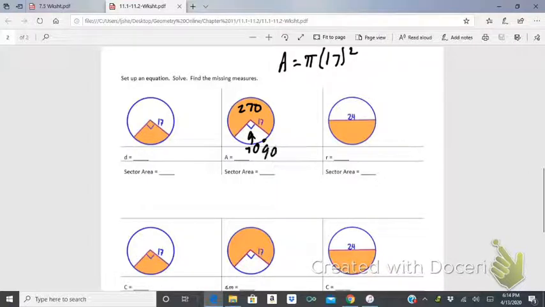So my area is 907.9, and now I'm going to go through the process for my sector area. 270 over 360 equals x over 907.9. Now I've got all of my information, and I'm hoping at this point you guys know how to cross multiply. So you just cross multiply this whole thing and solve, and you end up getting 680.9.